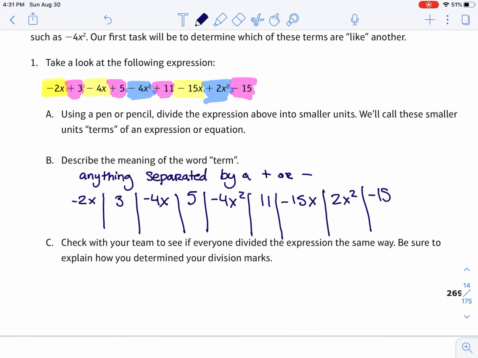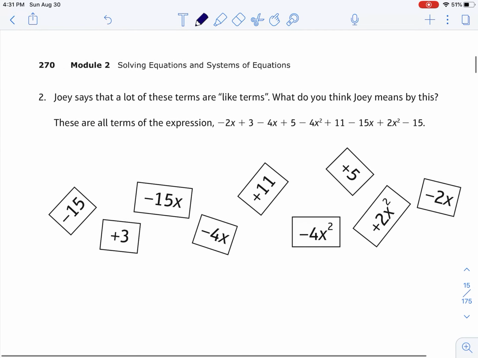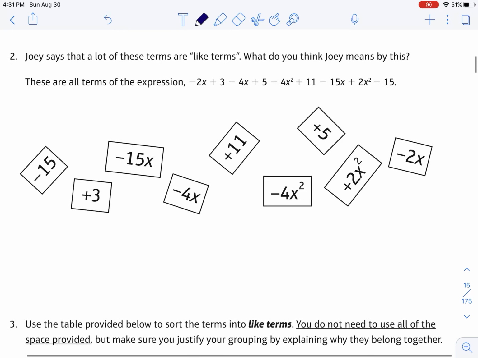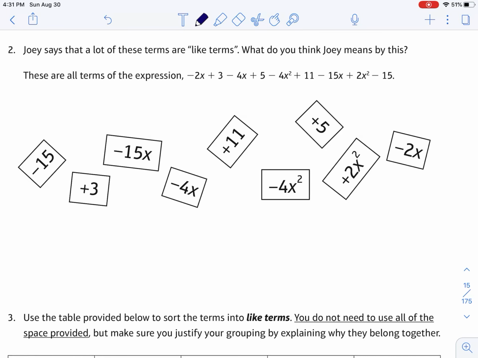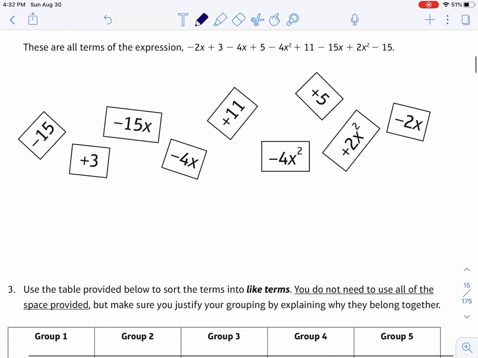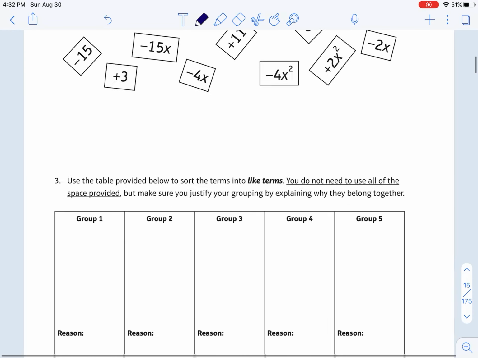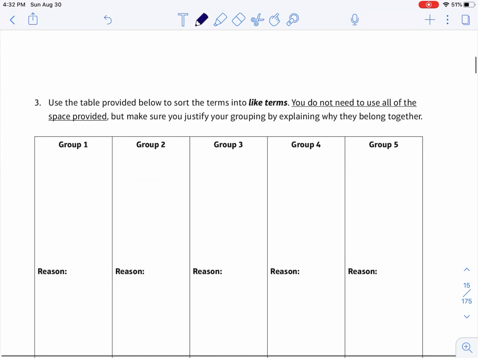Because we're online, we're not going to do this part where we check with our team. I'm going to kind of lecture it to you. And we'll do some checks for understanding under homework. So then we have all of the same terms here. I want to make sure that you can group these together properly.